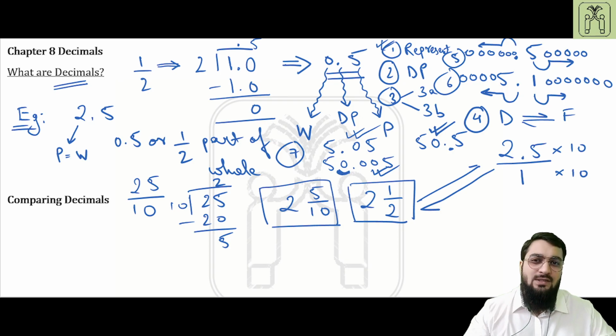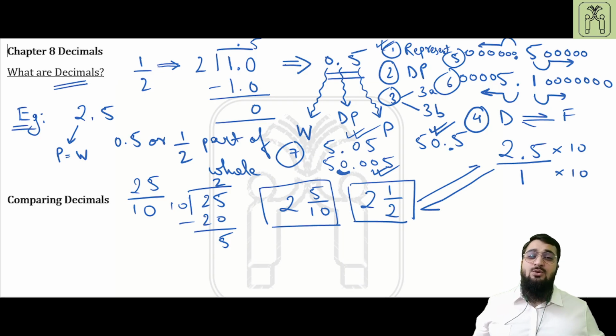So I will advise every student, every viewer, to write these 7 points, rewind the video, pause the video, and make the notes of these 7 points. If you have made that, then the whole chapter of decimals will be as easy as you can think of.